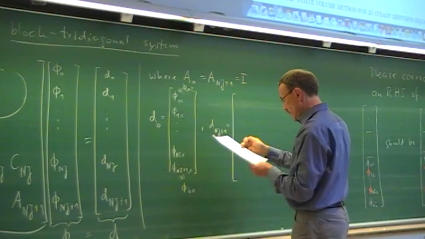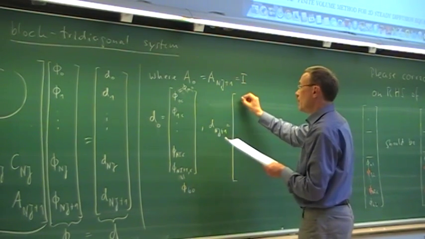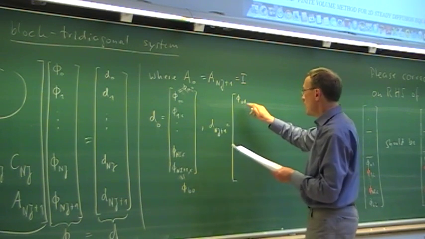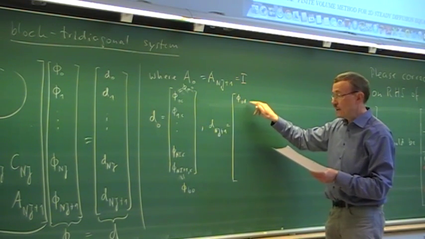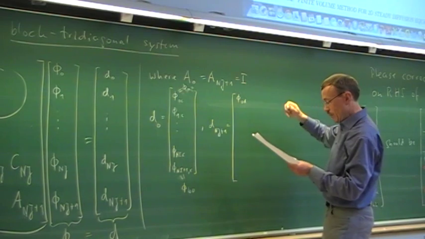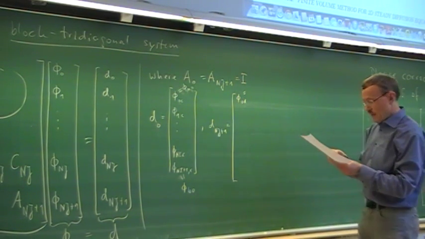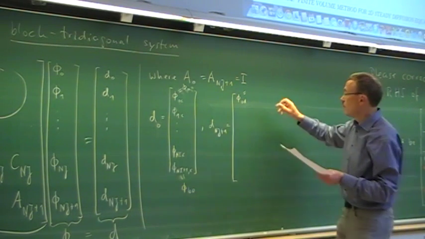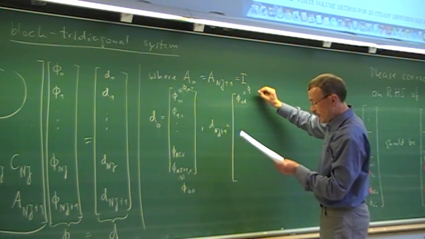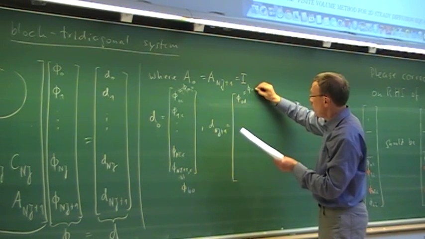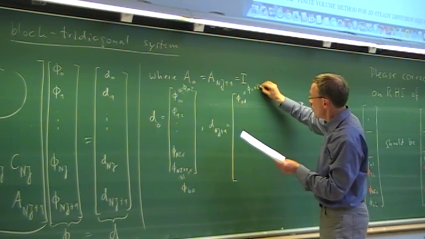It's similar: we have the boundary condition now at y equal to yd, the upper boundary, and that should be the same as the left boundary, which is the phi at a, and we have here the Nj plus 1.